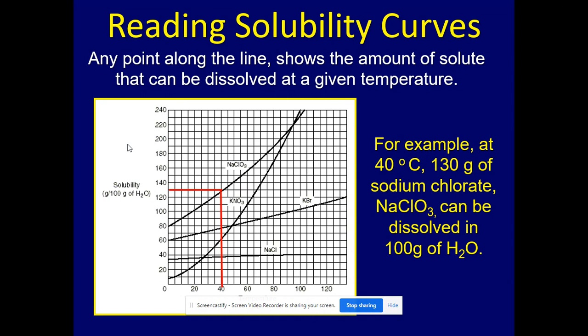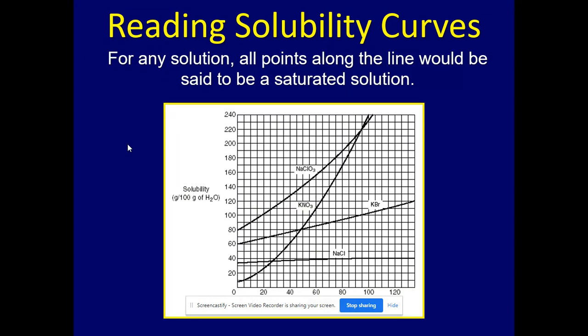Match up the 40 with the 130, and we have the point right along the sodium chlorate line on the graph, the NaClO3. So that's a saturated solution because it's right on the line. For any solution, all points along the lines would be said to be a saturated solution.